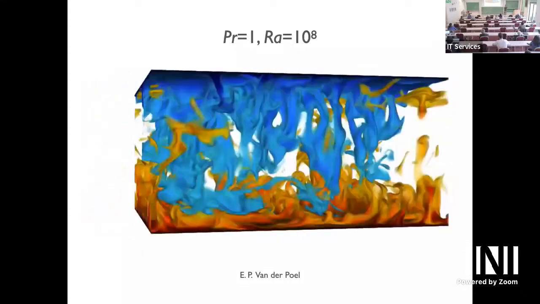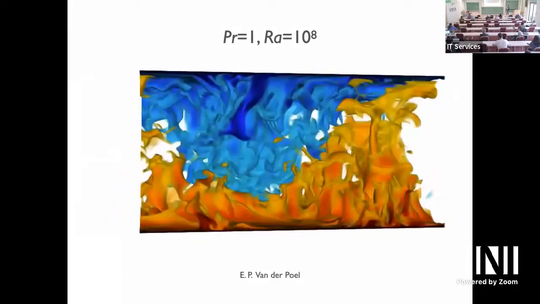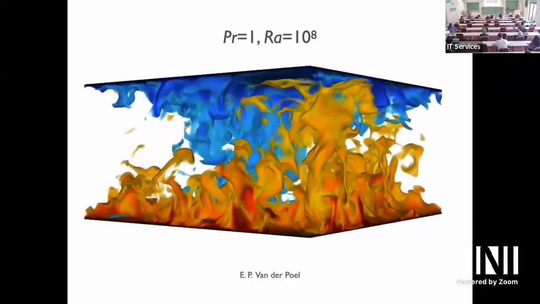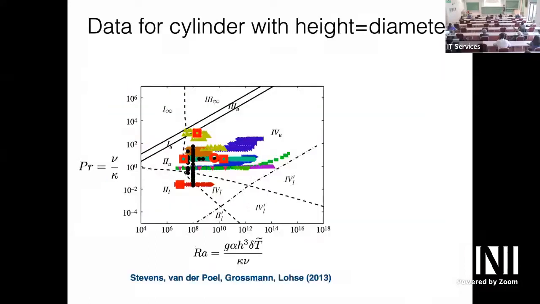The physics is not rotating, just the movie is rotating. You get something that looks like this, hot fluid coming up, cold fluid coming down. It sounds like 10 to the 8 is a big number, but the Reynolds numbers in the system are more like the square root of that. So you maybe won't be surprised to learn that this is perhaps not an extreme enough parameter regime to give you asymptotic scaling of mean quantities that you might be interested in.